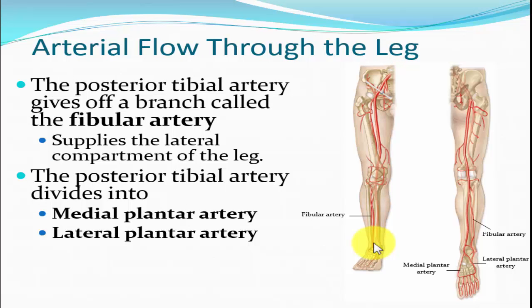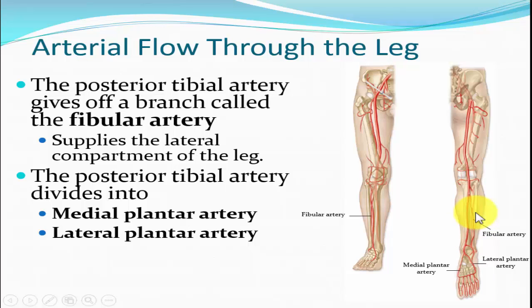The posterior tibial artery gives off a branch called the fibular artery, and this supplies the lateral compartments of the leg. So if we look here, the posterior tibial, we'll use this picture here. So posterior tibial is going to split off into the fibular artery and supply the lateral fibula of that leg, or the lateral compartment.